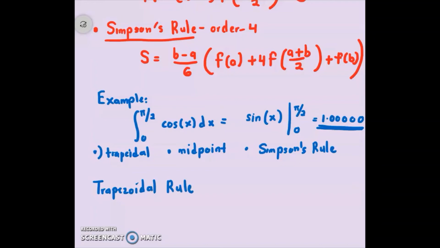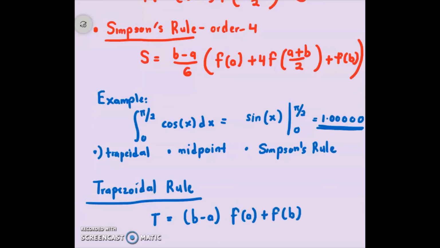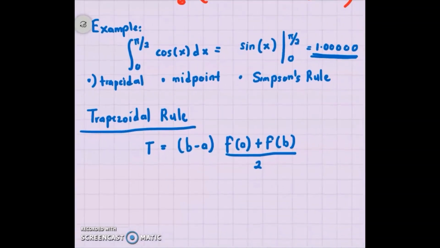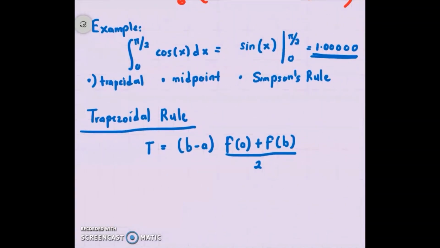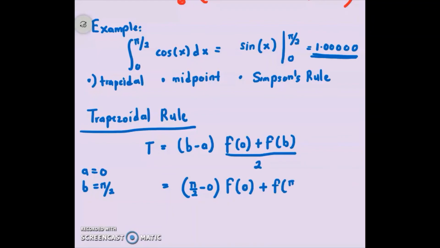Okay, trapezoidal rule, T is b minus a, times f a plus f b, divided by 2. So you see here, our interval a is 0 and b is pi over 2. So we have pi over 2 minus 0, times f of 0 plus f of pi over 2, divided by 2.